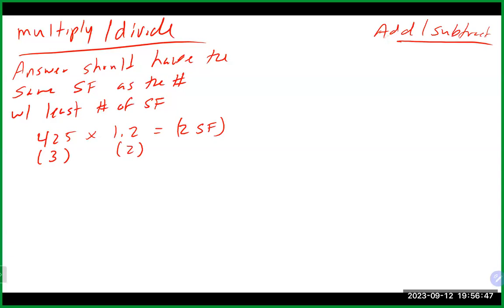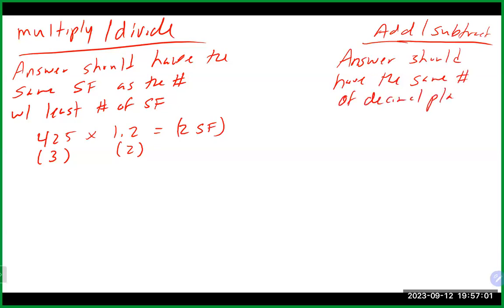When we add and subtract, our answer should have the same number of decimal places as the number with the least number of decimal places.